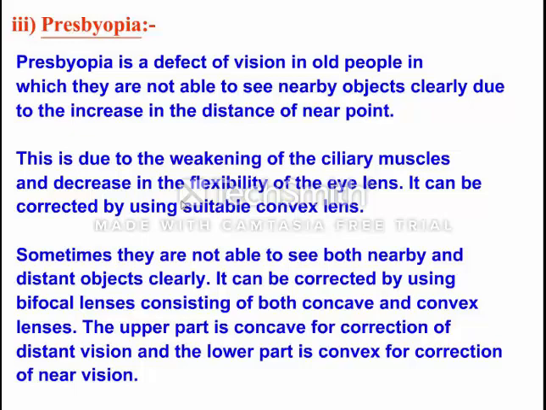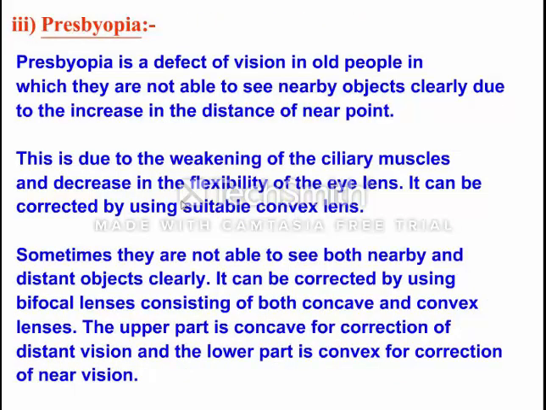But usually the person cannot see near and far objects properly, because the weak ciliary muscles cannot change the focal length. So it is corrected by a bifocal lens. Some old people wear specs in which the upper part is concave and the lower part is convex, and presbyopia is corrected by a bifocal lens.